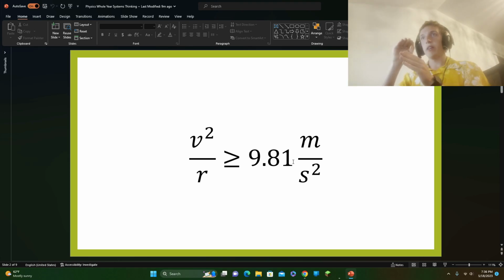So if it's going to fail, it's most likely to fail at the top. So we need to always be more than gravity so it doesn't fall down. And v squared over r is going to be dependent, obviously, on the velocity. So if it's not going fast enough, then it won't be able to go all the way around the loop. Or if the loop is too big, it won't be able to go all the way around the loop.